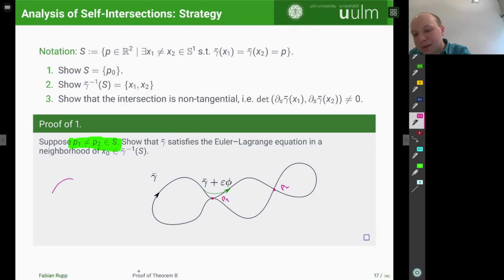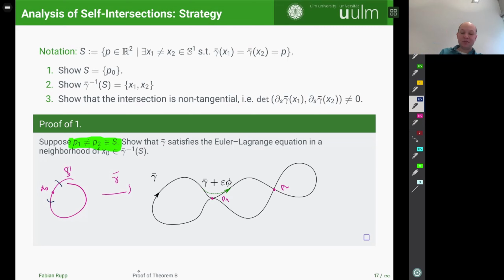So let me draw the circle maybe here. That's S1, and that's the map gamma bar, so to say. And let's say the x0, which is sent to P1 here, is somewhere here. Then we want to find a neighborhood where the Euler-Lagrange equation is satisfied.